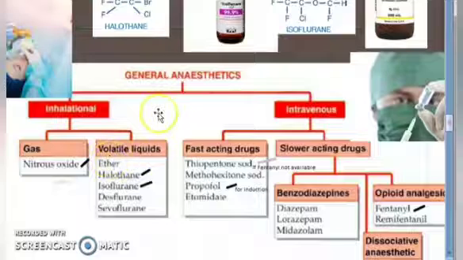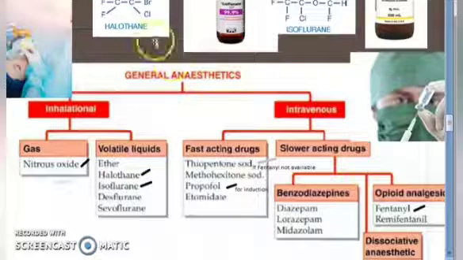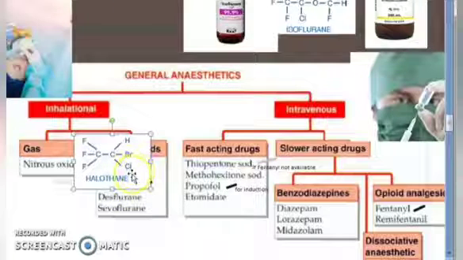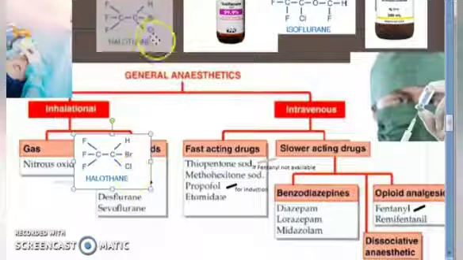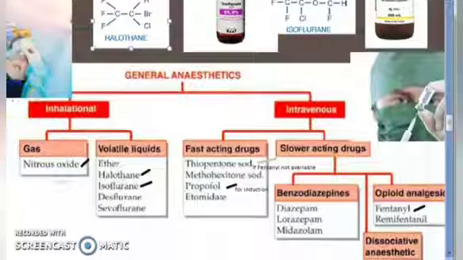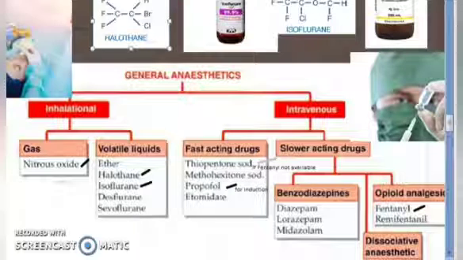Ether is not used unless there is nothing else. Halothane, this one we just read about. Halothane has a lot of adverse effects like hypotension, hepatotoxicity, respiratory depression, hyperthermia, etc.